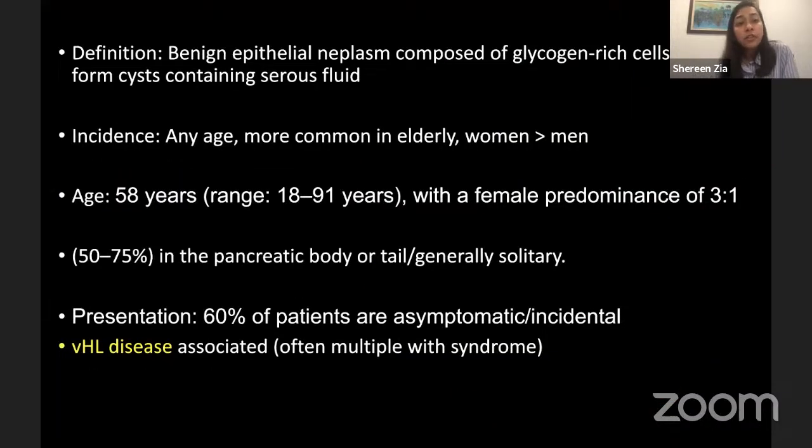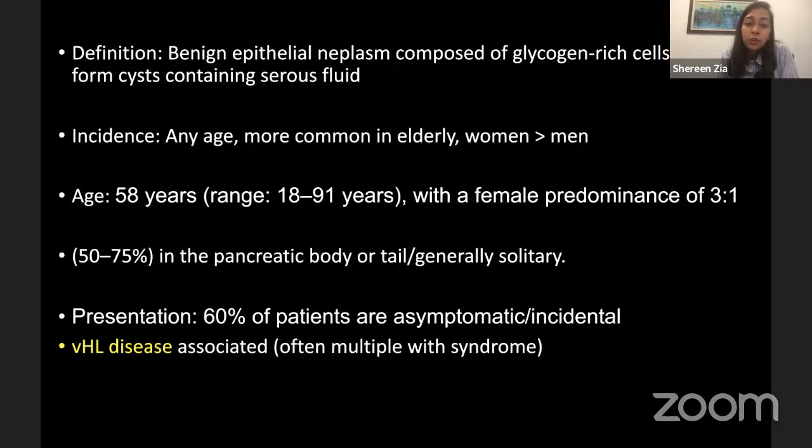So by definition, a serous cystadenoma is a benign epithelial neoplasm composed of glycogen-rich cells that form cysts containing serous fluid. They can be present in any age range, with a slight predominance in women, and the median age is 58 years. About 75% of cases are in the pancreatic body or tail.